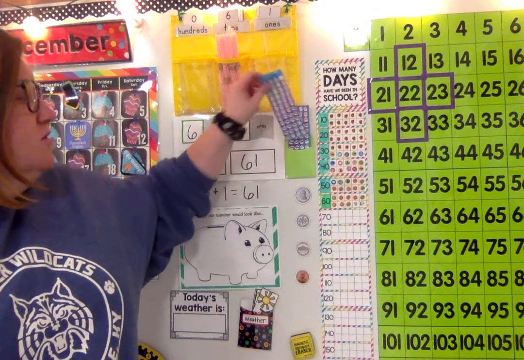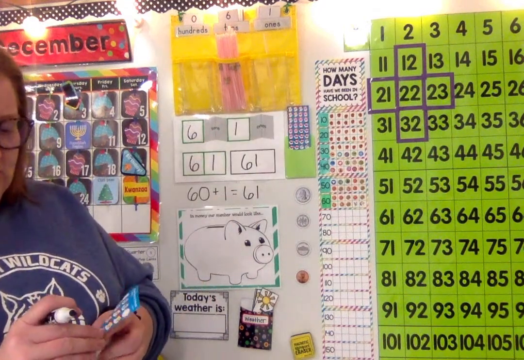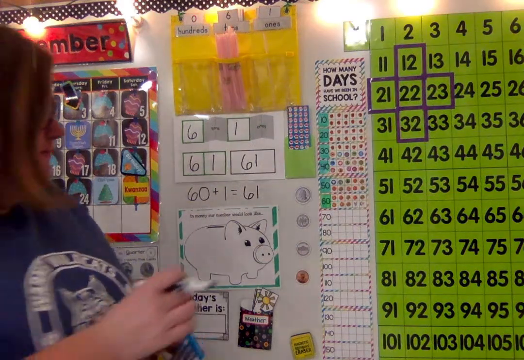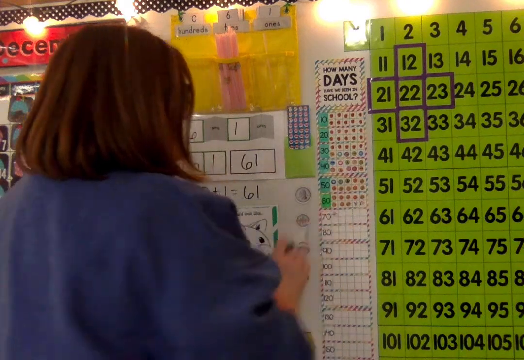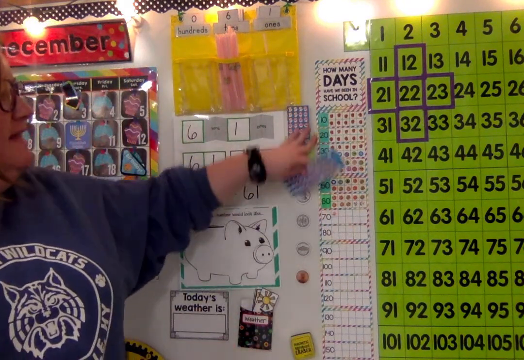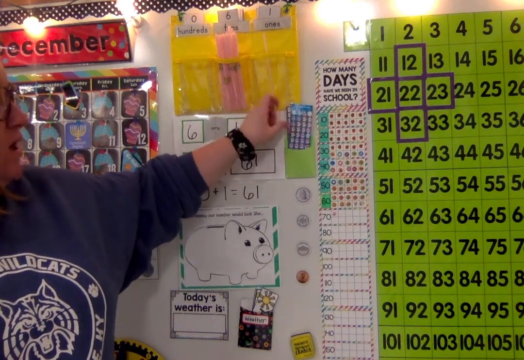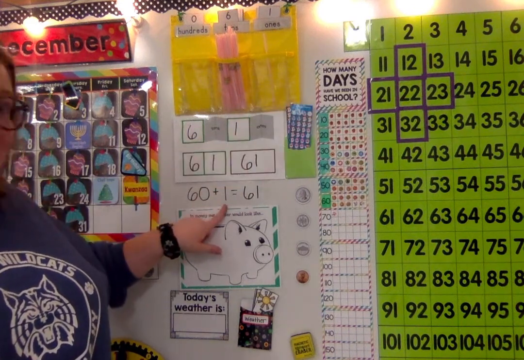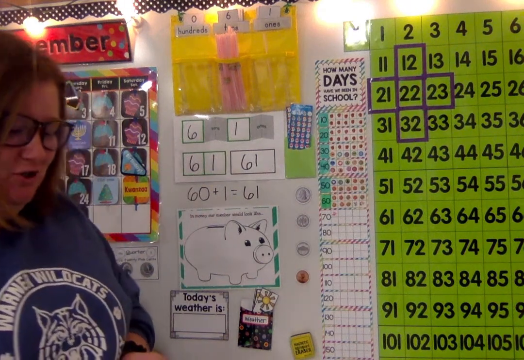Ooh, we need to add another snow friend. He's got to start, or she. This one looks like she's got a pink little hat. One more. We're starting a new 10 frame. We have 6 full 10 frames and 1 more. 60 plus 1 more equals that 61 for sure.